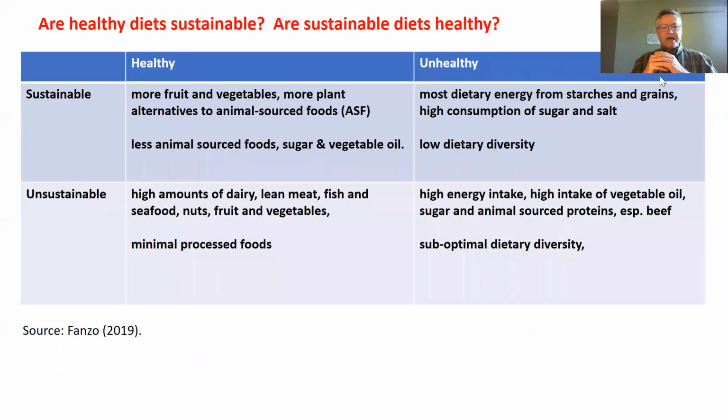So this is a diet which is unsustainable and unhealthy. These are diets in general that have high energy intake, high intakes of vegetable oil, high intakes of sugar, and high intakes of animal-sourced proteins, especially beef, and are low in their dietary diversity. So low in the number of food products which are consumed, especially low in the number of plant-based products.